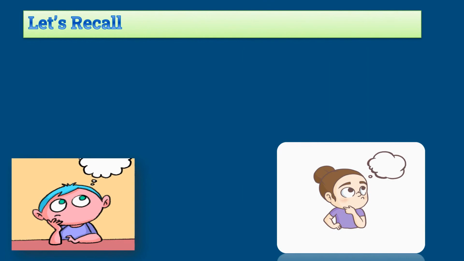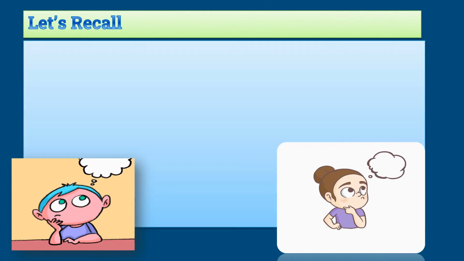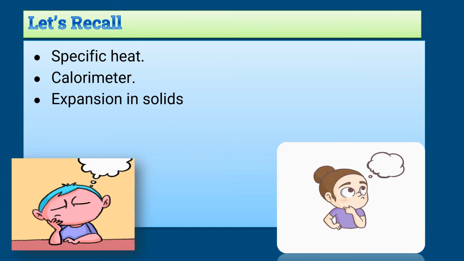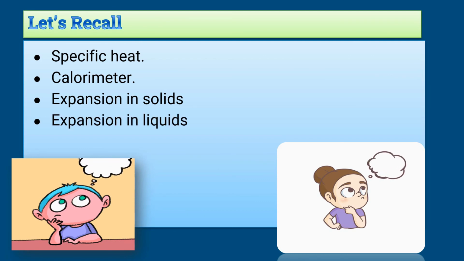Children, we are at the end of the session. Let us have a quick recall. First, we studied specific heat. Then we studied the calorimeter, how heat exchange takes place in a calorimeter, and what the structure of a calorimeter is. Then we studied expansion in solids. We have three types of expansion in solids, that is linear, areal and volumetric. We studied expansion in liquids.